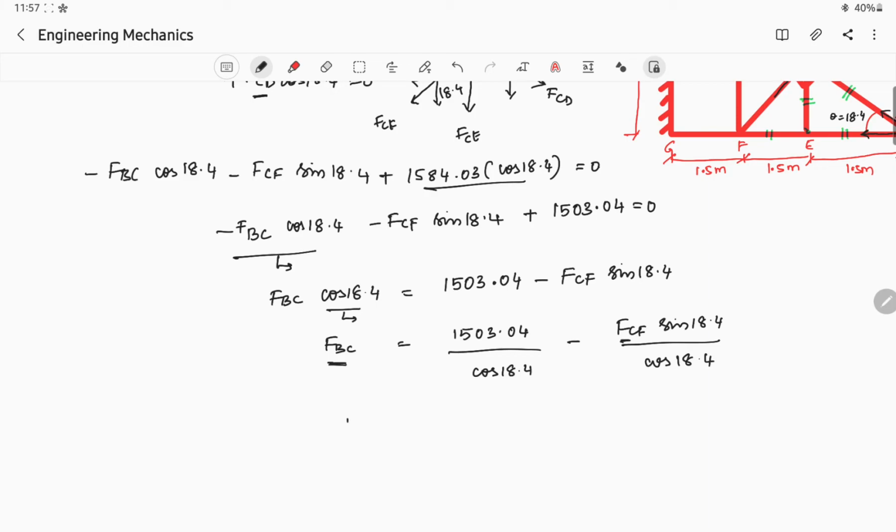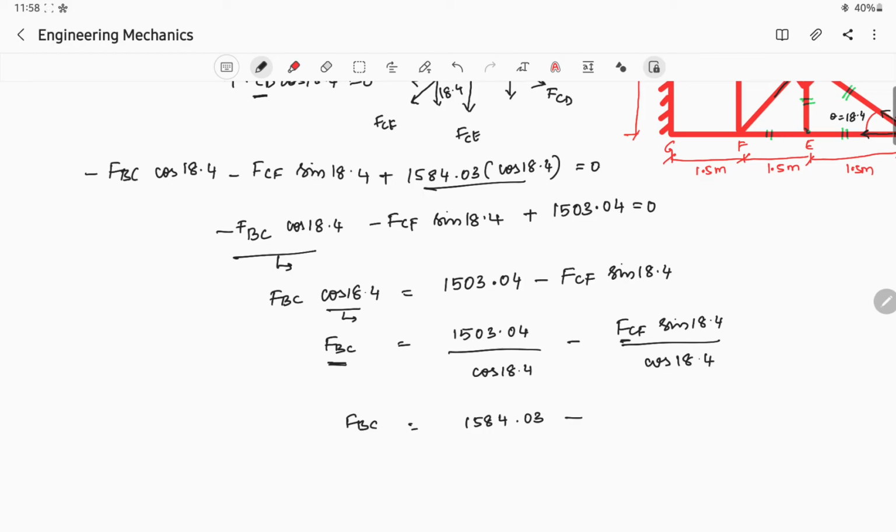So force in member BC, if you simplify 1503.04 divided by cos 18.4, you will get the value as 1584.03 minus, sine by cos is tan, right?